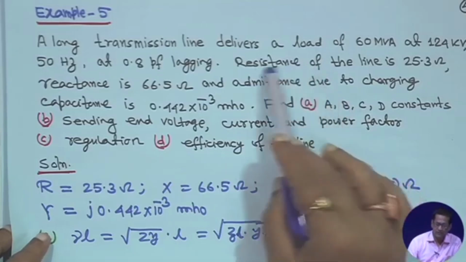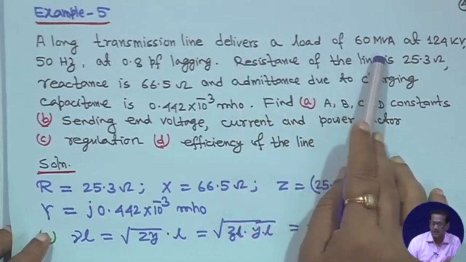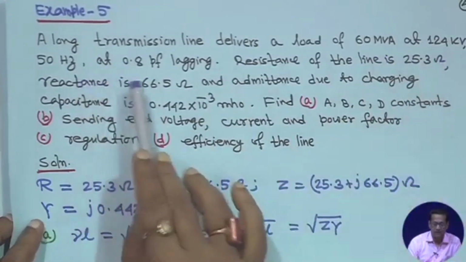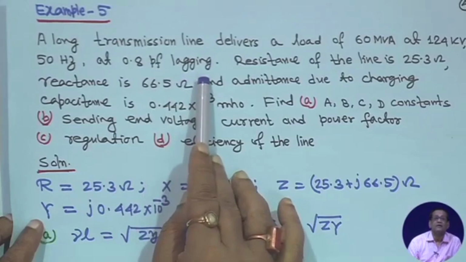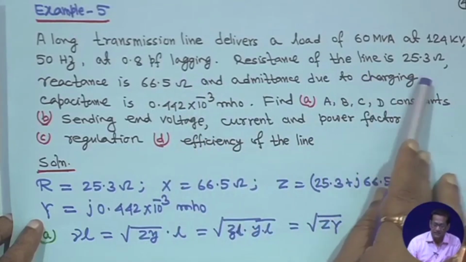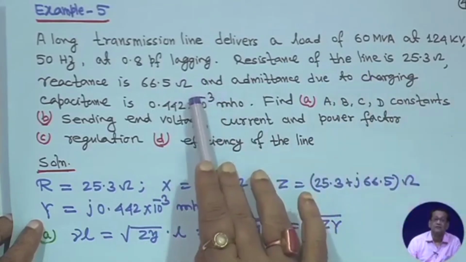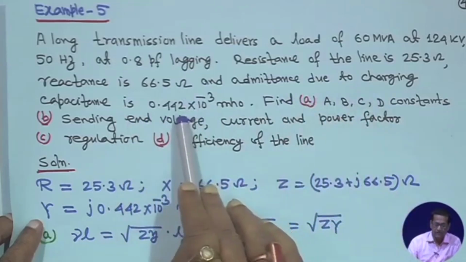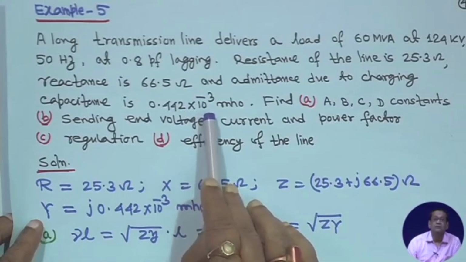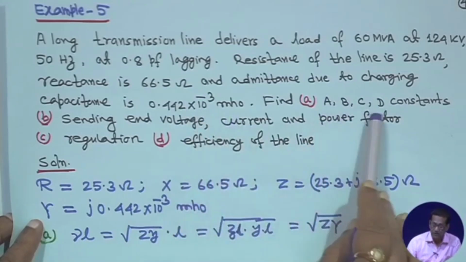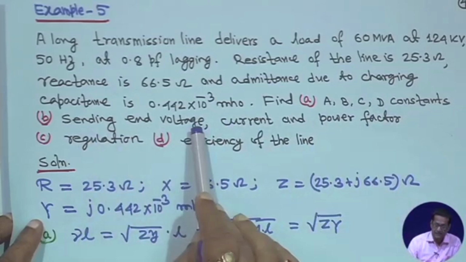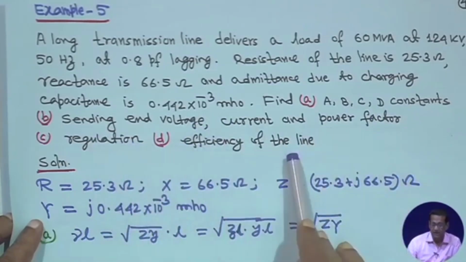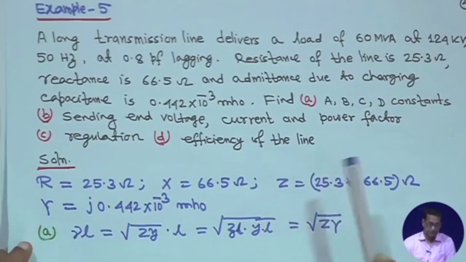It is a long transmission line delivering a load of 60 MVA at 124 kV, 50 hertz and 0.8 power factor lagging. Resistance and reactance are given, and the admittance due to charging capacitance is also given, 0.442 into 10 to the minus 3 mho. You have to find the ABCD constants, sending end voltage, current and power factor, regulation and efficiency of the line.